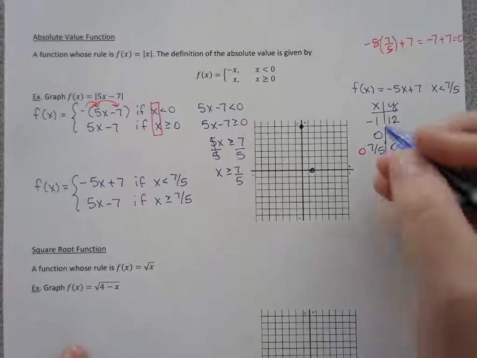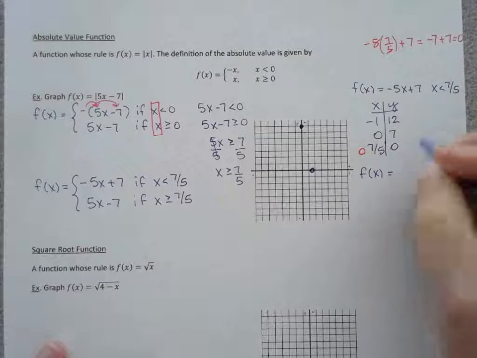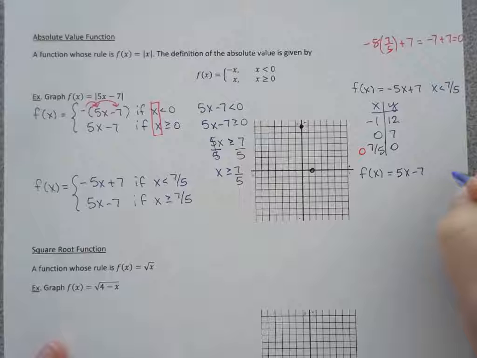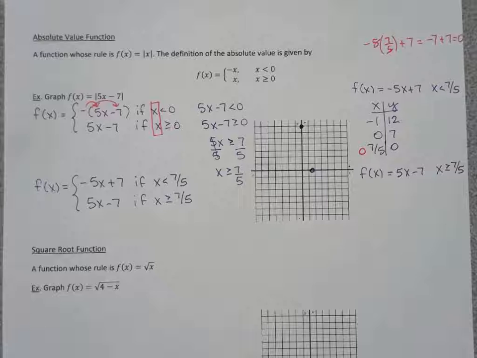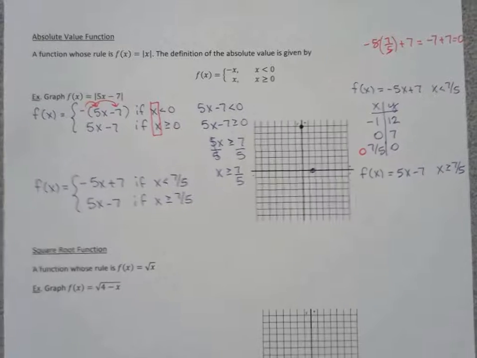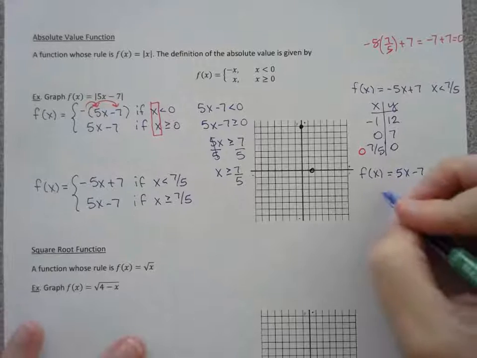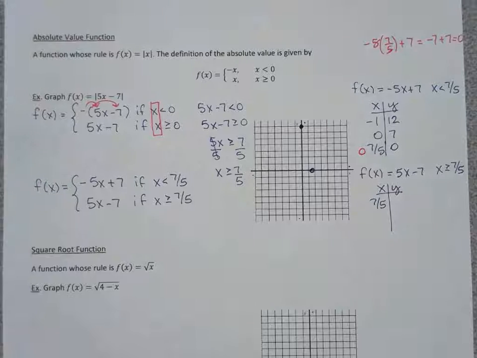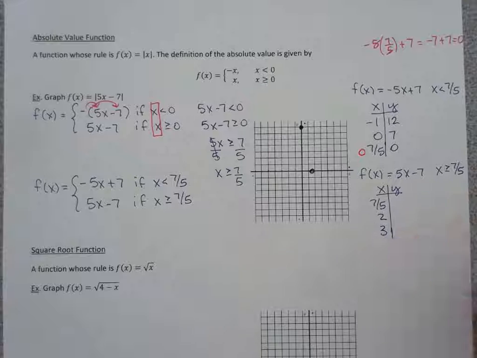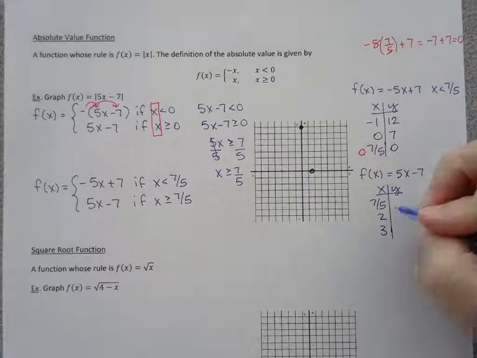Okay, second part of the function. Our function is going to be equal to 5x minus 7 when x is greater than or equal to 7/5. So again, my starting point is 7/5. I want values that are bigger than 7/5. So I'm going to start with the 7/5 and choose numbers. Let's do 2 and 3. We've actually already plugged in 7/5, right? We did that for the last set of ordered pairs, and we realized that that gave us 0.